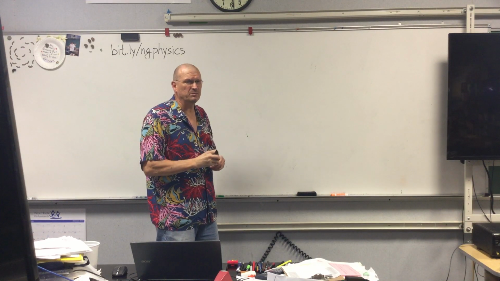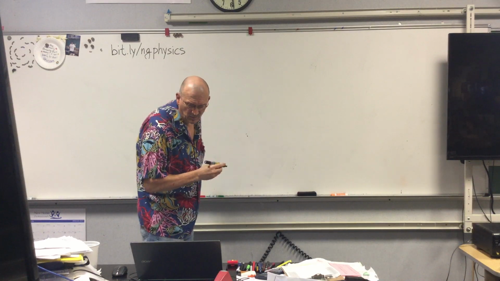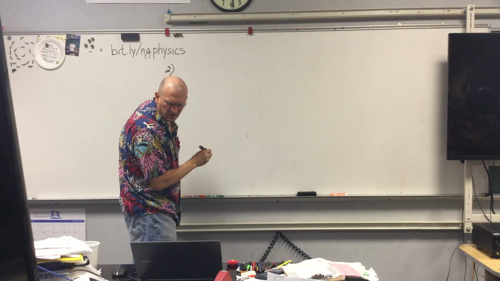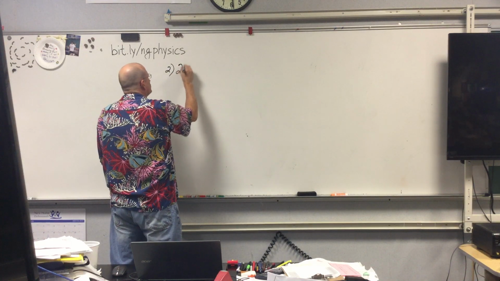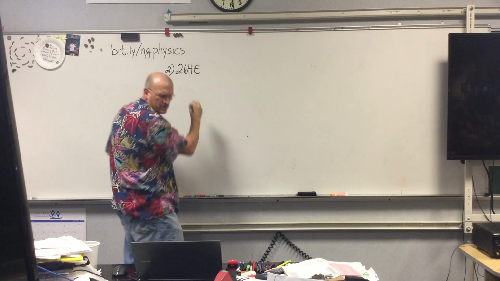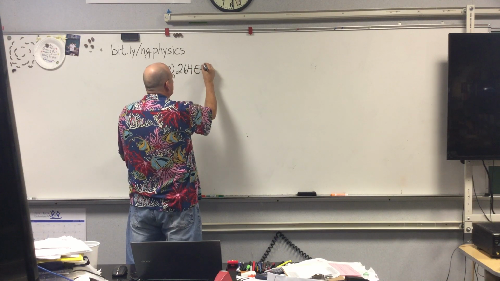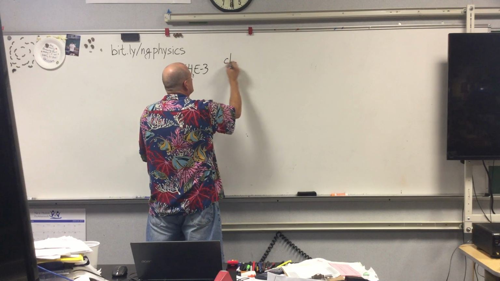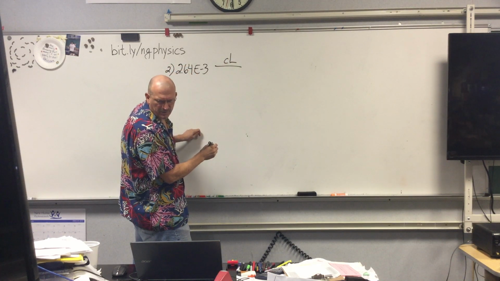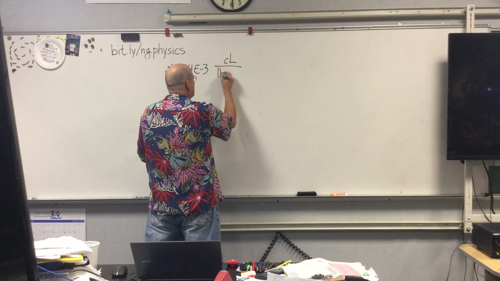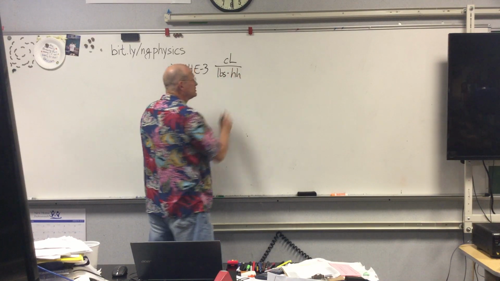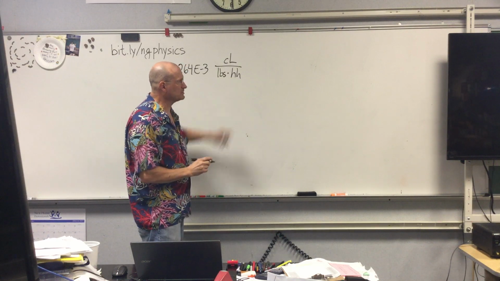All right, so your assignment is going to be to do the odd ones. So I'm going to start with number 2, which is 2.64 e negative 3, and then we have centiliters over pounds times double H, which would stand for hecto-hours.